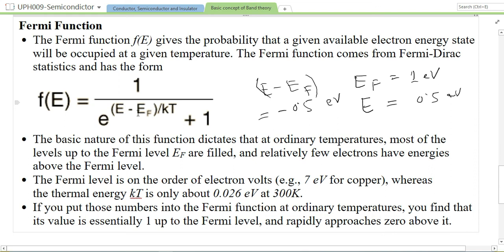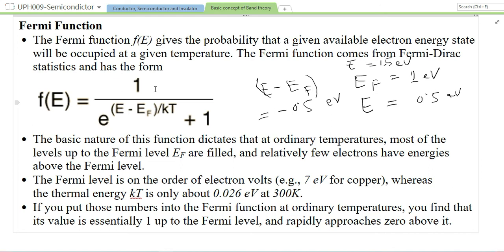But let's say you take an energy which is bigger than EF. Let's say now E is 1.5 electron volt. In that case, E minus EF would be plus 0.5, a positive number. Then e to the power of a positive number would be a very large number compared to 1, and 1 over a large number gives you a very, very small number, much smaller than 1.